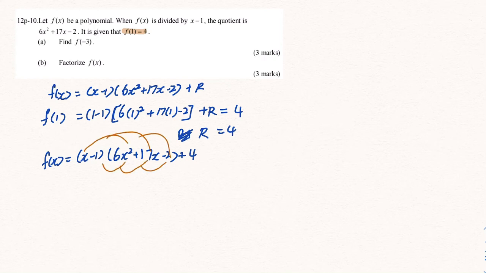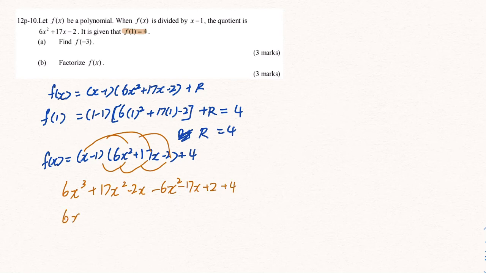So it will become 6x cubed plus 17x squared minus 2x minus 6x squared, minus 17x plus 2, and plus 4.